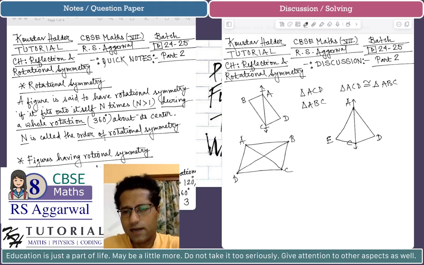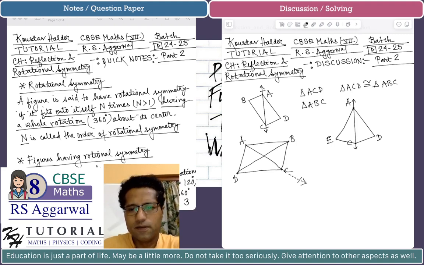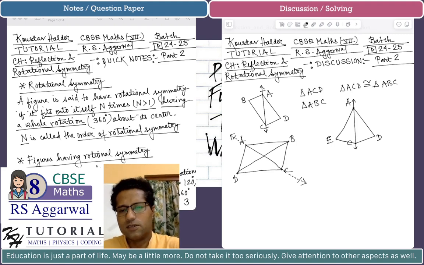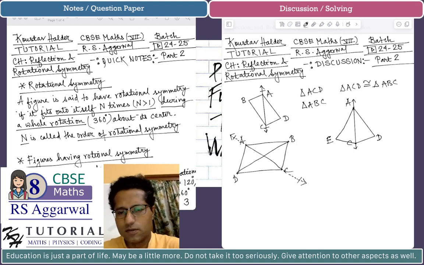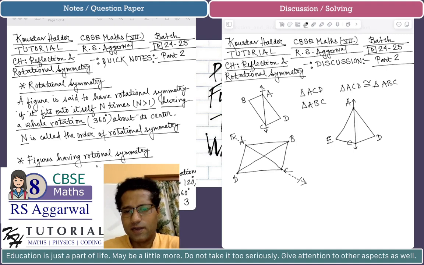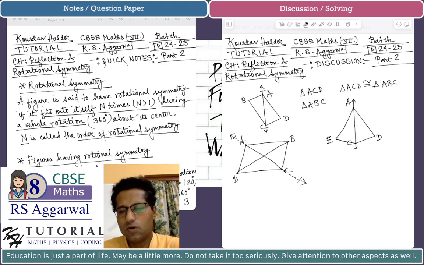If I extend it and consider it as a line of symmetry, then the triangle ABC, which is above the diagonal AC, and the triangle ADC, which is below the diagonal AC, are not looking identical. They have to look identical. There has to be a mirror image.